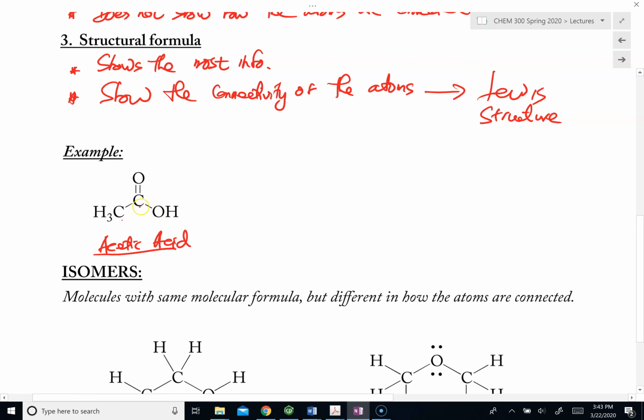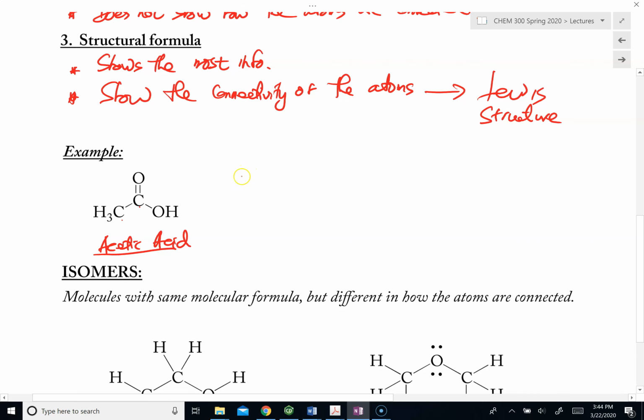For example, this carbon is double bonded to this oxygen, and this carbon is single bonded to this oxygen, and this oxygen is then bonded to the hydrogen. So here, because we know the connectivity of the atoms, these types of structures are called the Lewis structure, and this is an example of a structural formula.